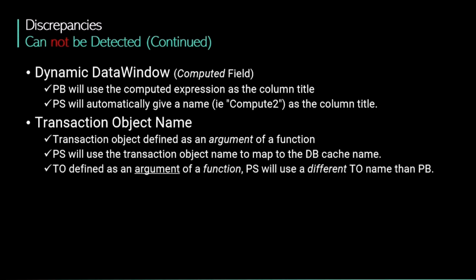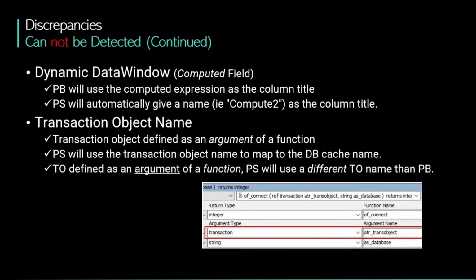So for transaction objects defined as an argument, PowerServer will use a different transaction object name. Here's an example where you have a function, of_connect. It's passing an argument called atr_trans_object. And that's what the actual PowerServer mapping will look for. Maybe this is just a pointer, and it points to, of course, the real SQLCA. So you have to watch out for that. You may have to retrofit a few of these commands.